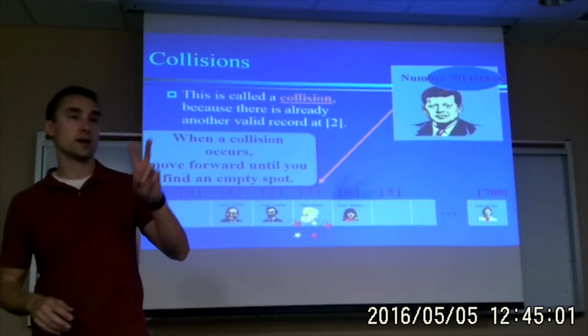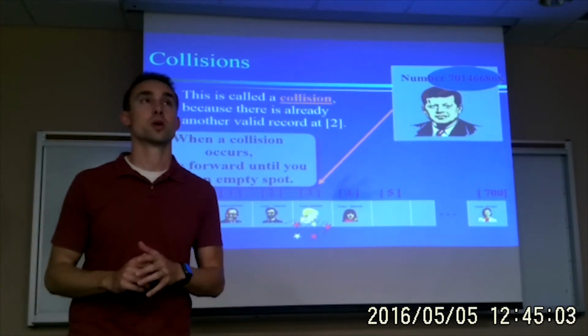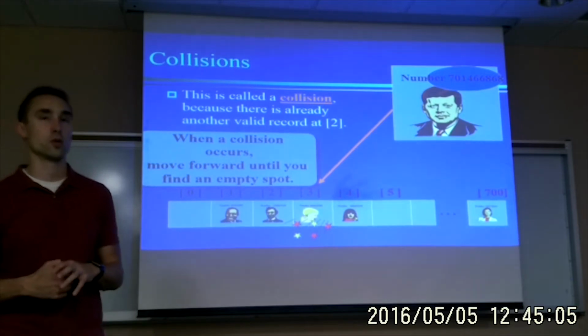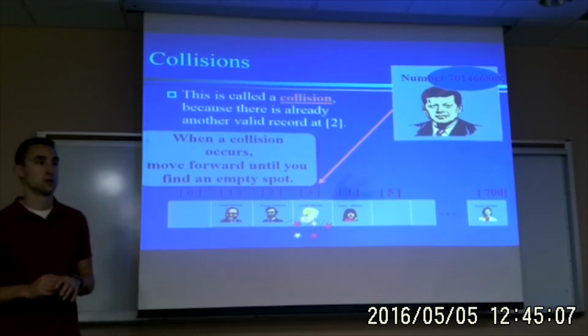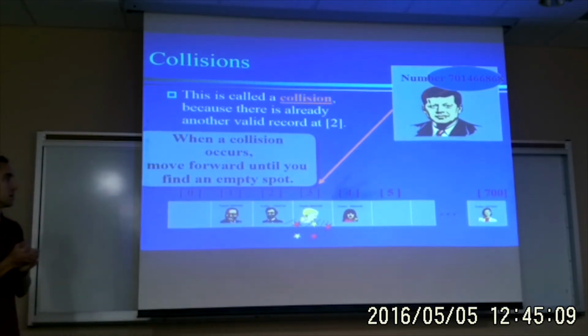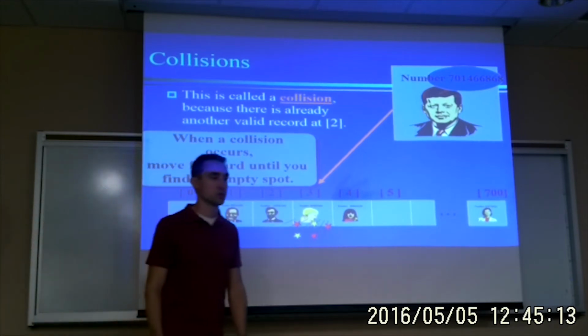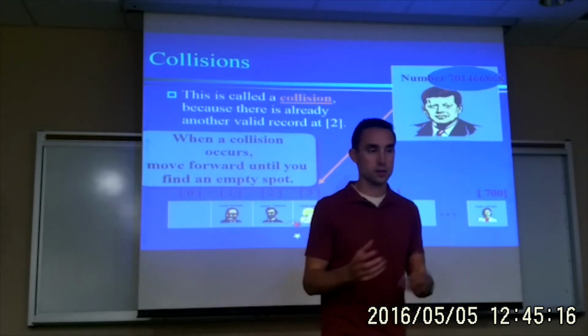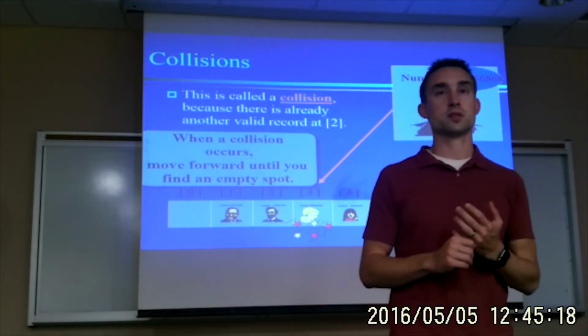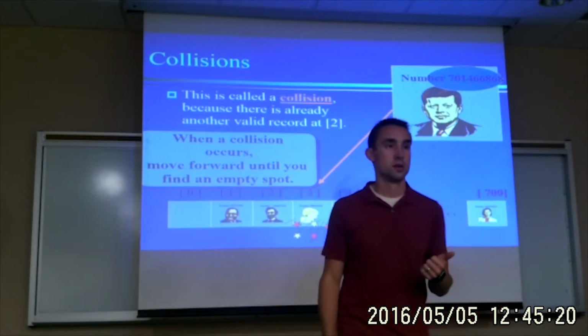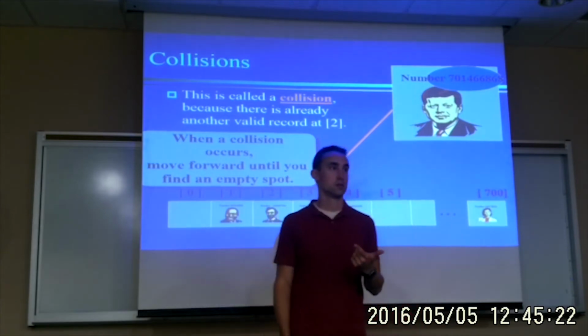There are 2 different ways to handle collision. Well, we're going to look at 2 different ways to handle collision. There are other ways to handle it. Now, what it's describing here is the first way. And when we look at the 2 different ways, there's an easy way, and then there's a good way.